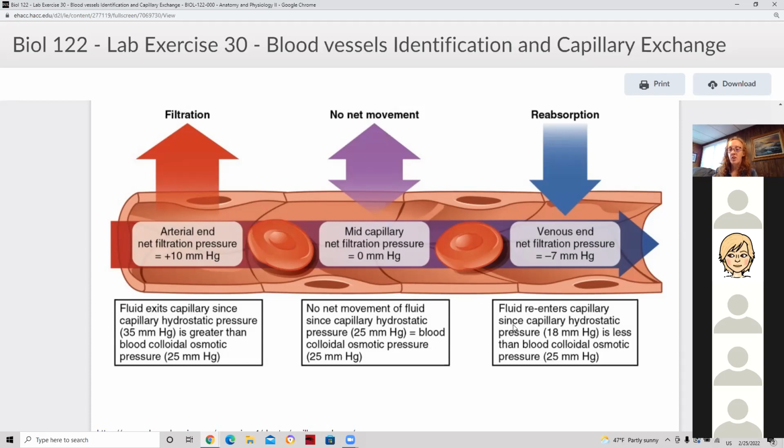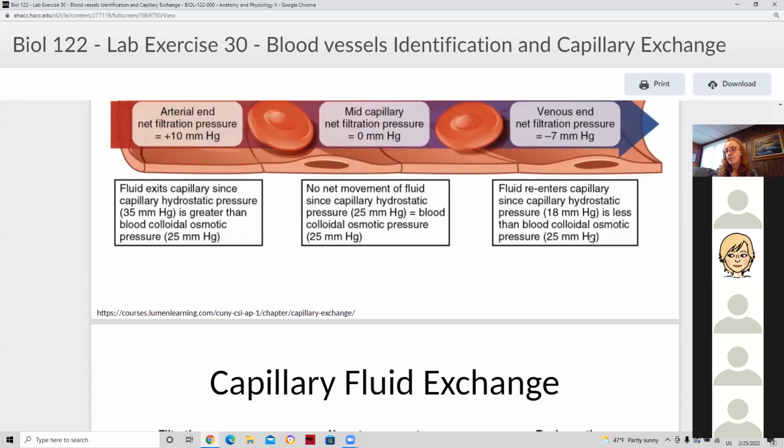When the capillary hydrostatic pressure is less than the blood colloid osmotic pressure, which is higher, fluid will get reabsorbed into the venule end. And the result is that you get fluid being brought back in.